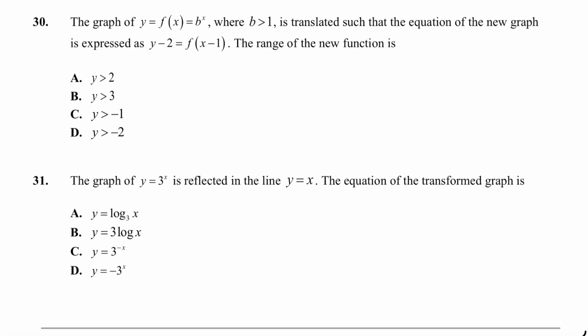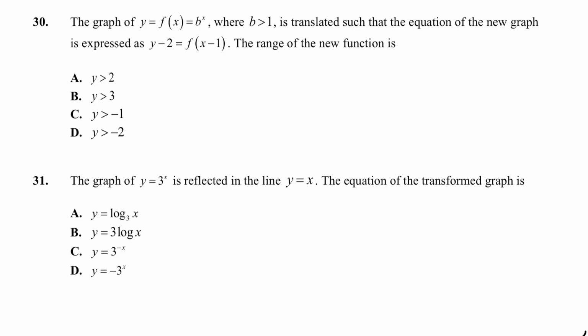Let's do question 31. The graph of y is equal to 3 to the power of x is reflected in the line y is equal to x. The equation of the transformed graph is y is equal to log base 3 of x, y is equal to 3 log x, y is equal to 3 to the power of negative x, or y is equal to 3 to the power of x.